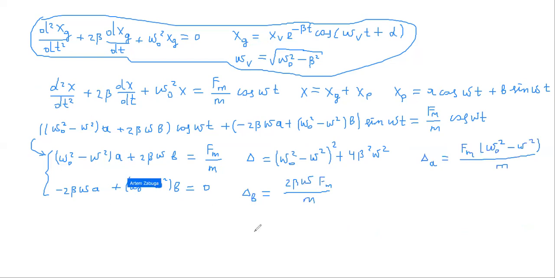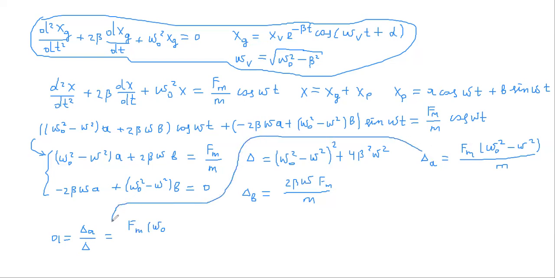So according to Cramer's rule for this system of linear algebraic equations, A is equal to delta A divided by delta, and this is equal to Fm divided by m, omega 0. So now I am making substitution.